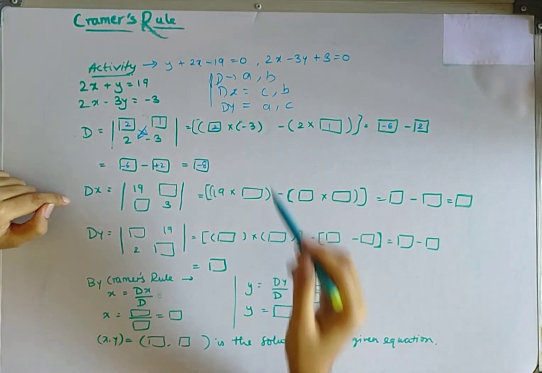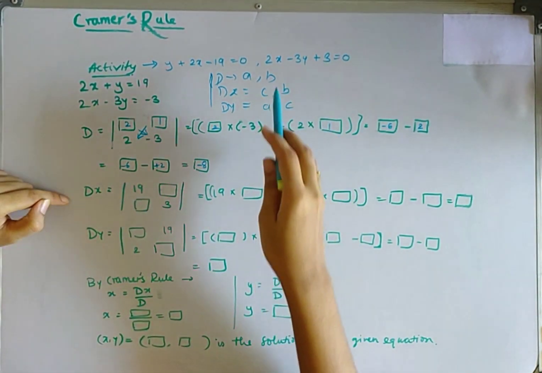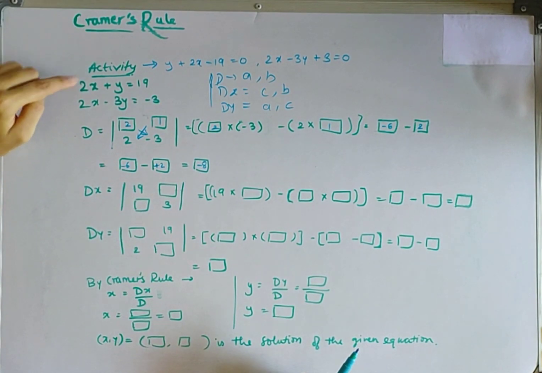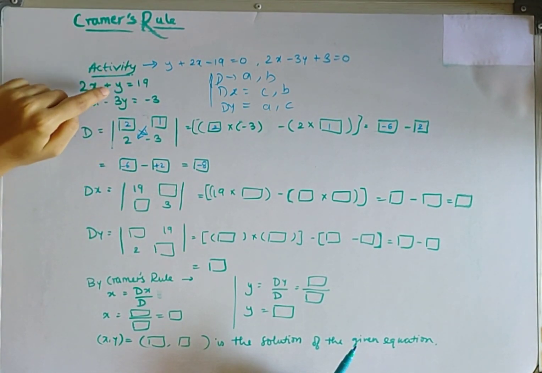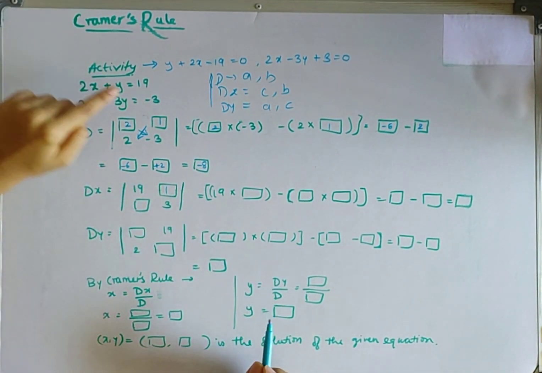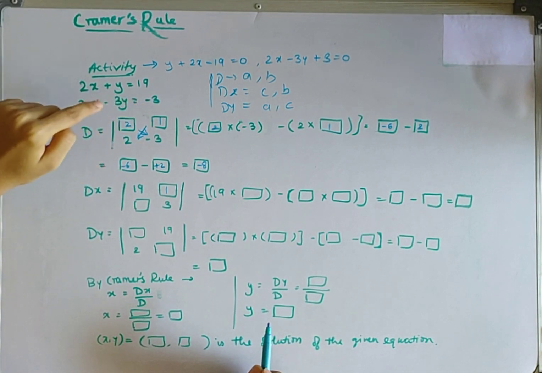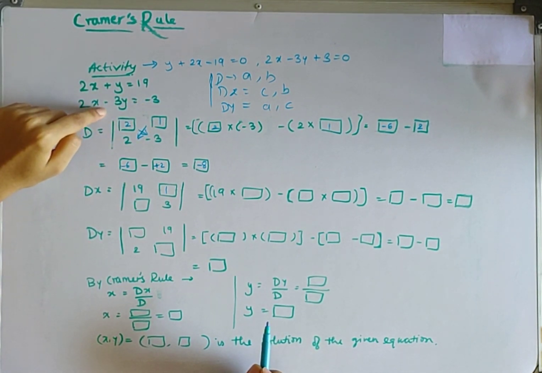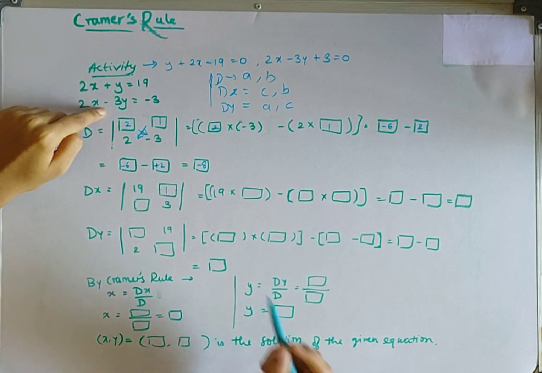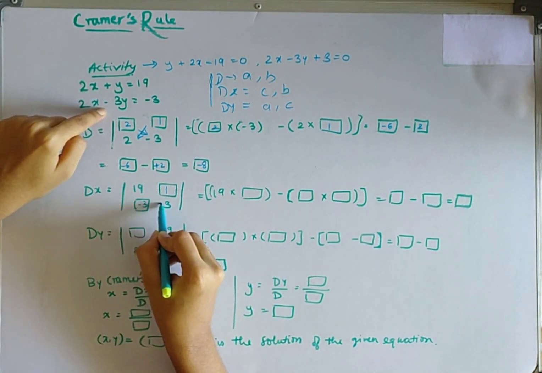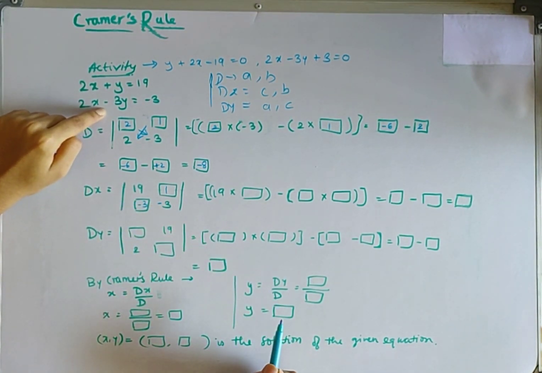Next for dx, what is it? C comma b. So what is your c in the first equation here? C is 19, b is 1. Then for the second equation, minus 3 comma minus 3. Okay, minus 3. Here I forgot to write minus 3. Fine.